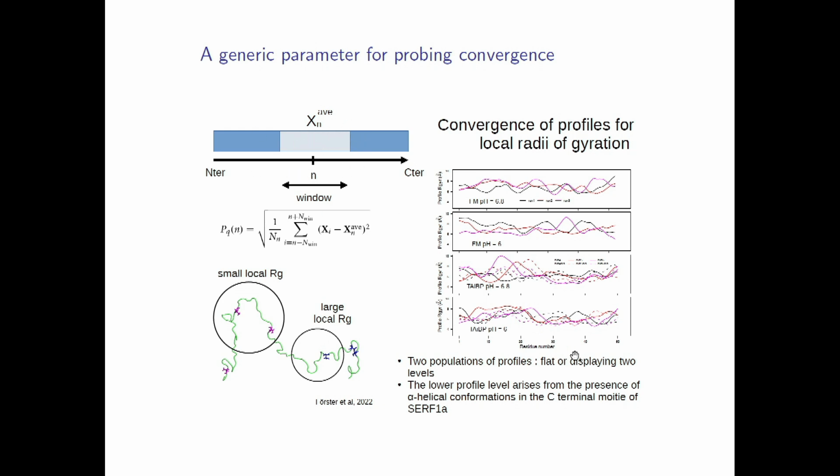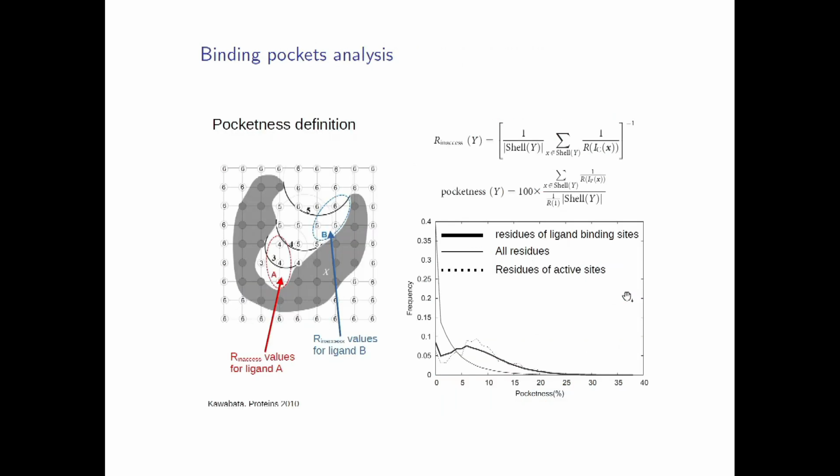I can plot this value along the sequence, and especially for the TIBP structure, I'm getting something with two steps, with a higher value here and smaller here, because here you have alpha helices, so you have a bit more structured conformation, and it's reducing the local gyration radius.